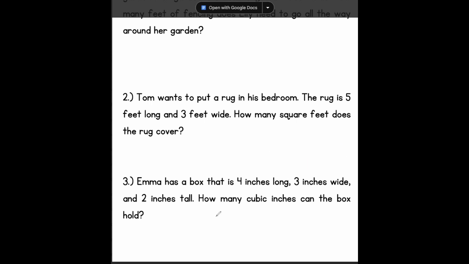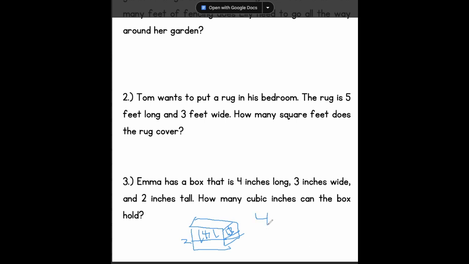And then here, Emma has a box that is 4 inches long, 3 inches wide, and 2 inches tall. How many cubic inches can the box hold? It's basically like this. It's kind of a bad sketch, but you can vaguely make out what I was trying to draw.